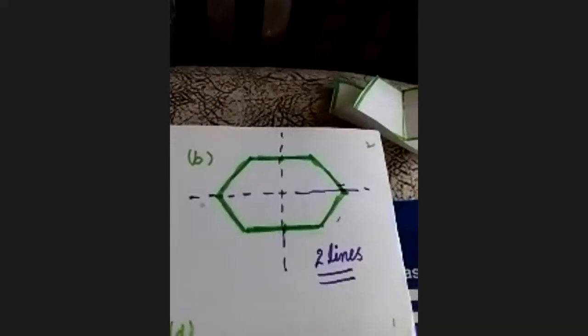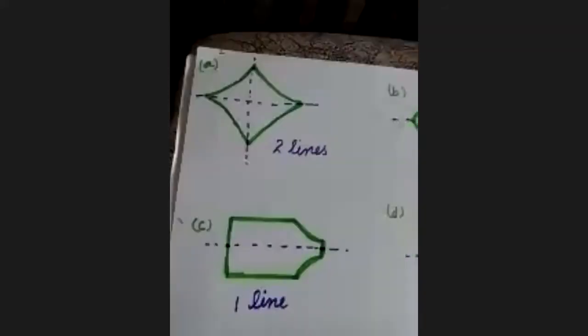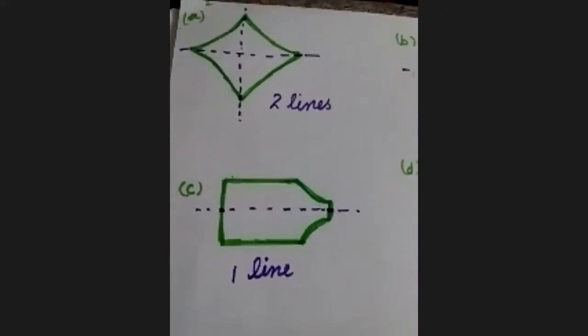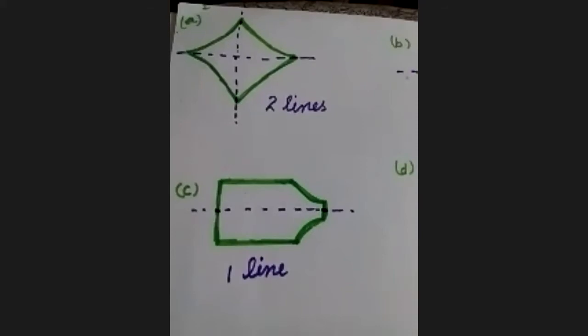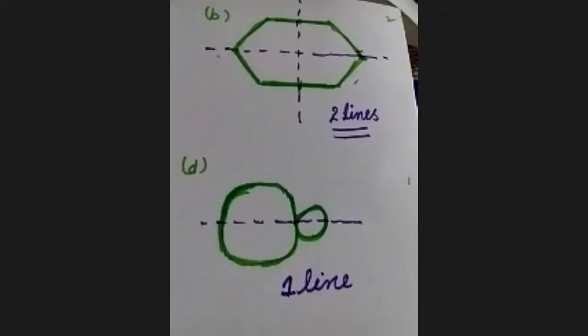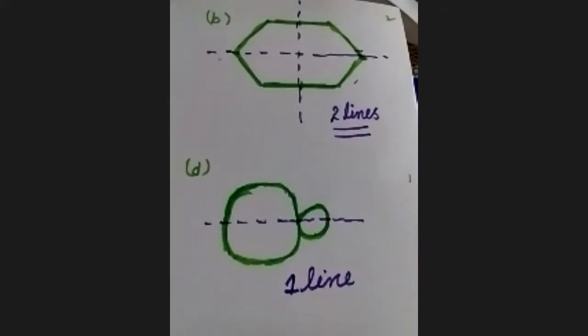In part A, we have 2 lines of symmetry. Part B, 2 lines of symmetry. Part C, only 1 line of symmetry. Part D, 1 line of symmetry.